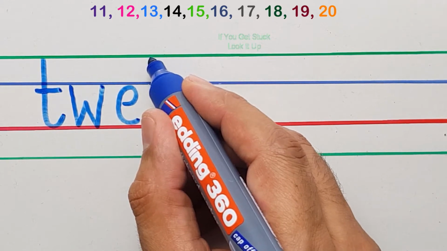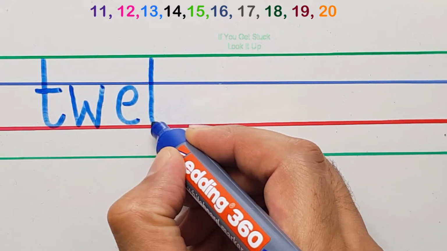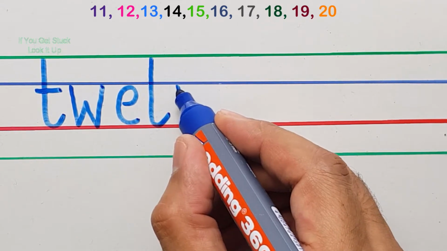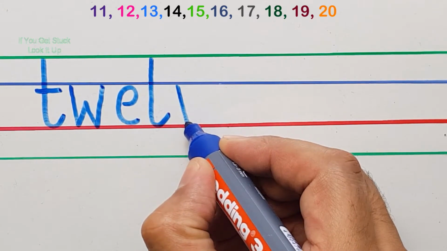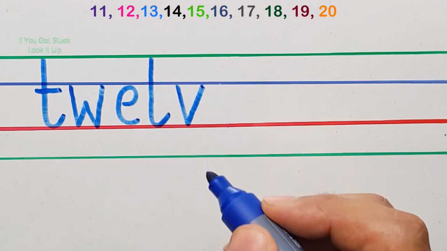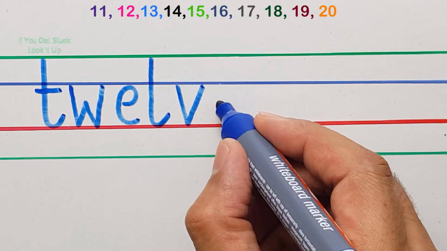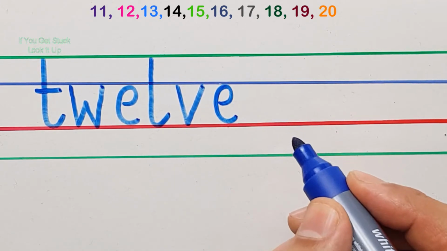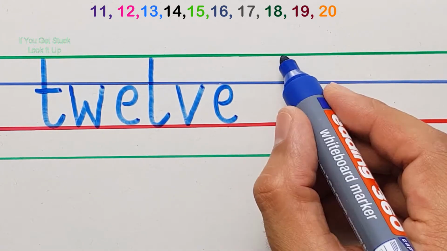L is a tall letter. V from the middle, and then E again. So that's the number 12.